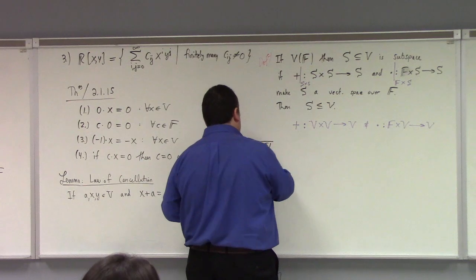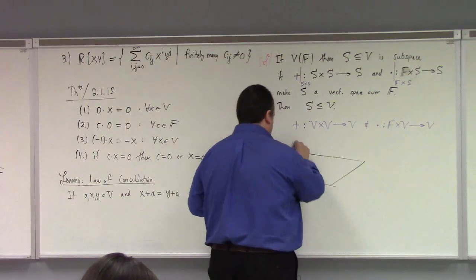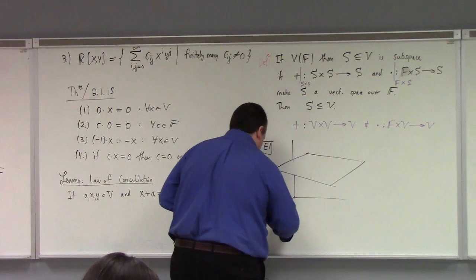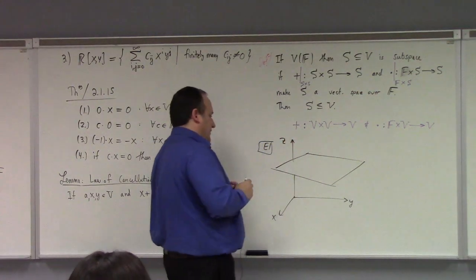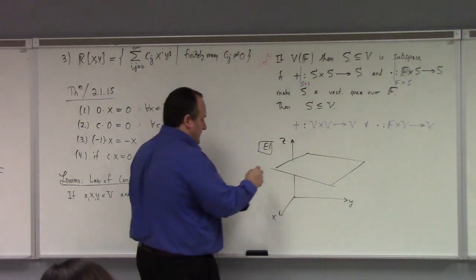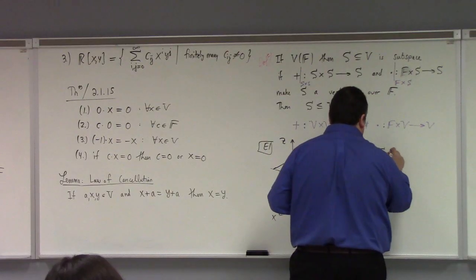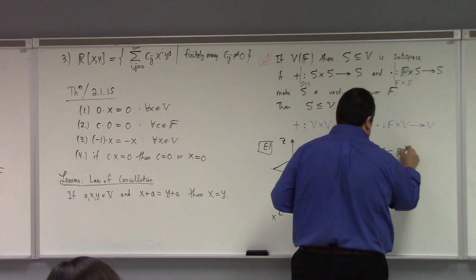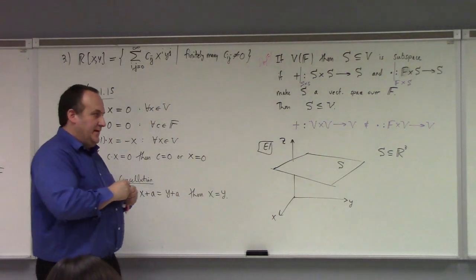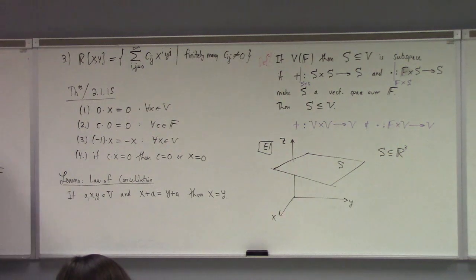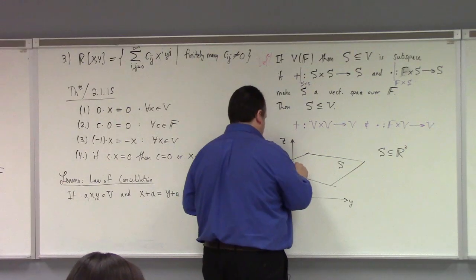So like example 1, we could take this plane in R3. It's not really important that it's 3 dimensions. It's just more fun to make it 3-dimensional. And I'm supposing this plane goes on and on. This is my S, right? So S is a subset of R3, and it's certainly non-empty. Now here's the thing. If I use vector addition, maybe this is a point in the plane.